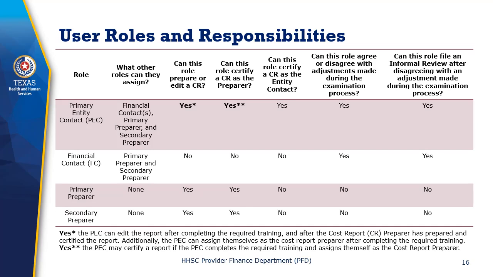The first column lists each system role, while the remaining 6 columns indicate whether the user is assigned to that role and whether they can perform each action. Some permissions require completion of the applicable cost report training module. Providers are responsible for understanding STEPS, user roles, and permissions.